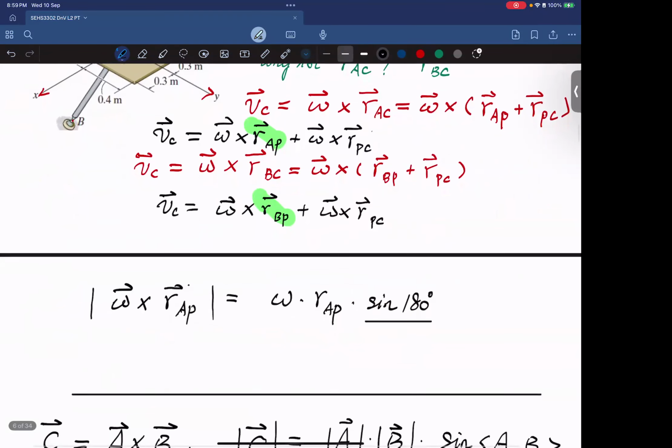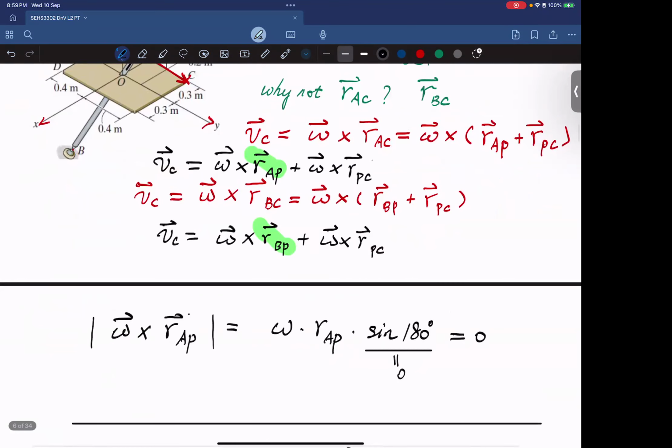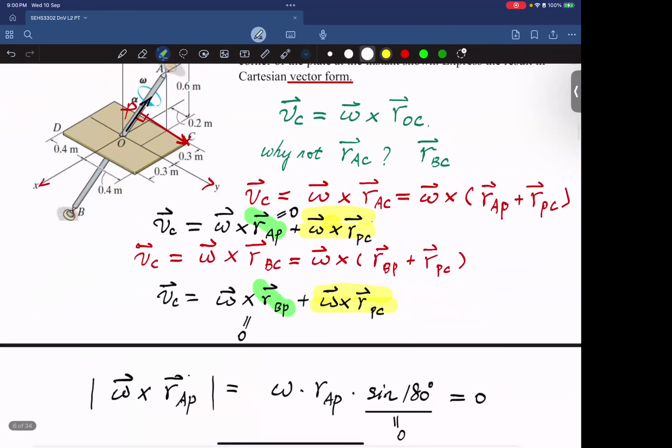Sine 180 is 0. Therefore, it is 0. Same thing, omega cross RBP is also 0. Therefore, no matter AC or BC, finally we only have omega cross RPC left.